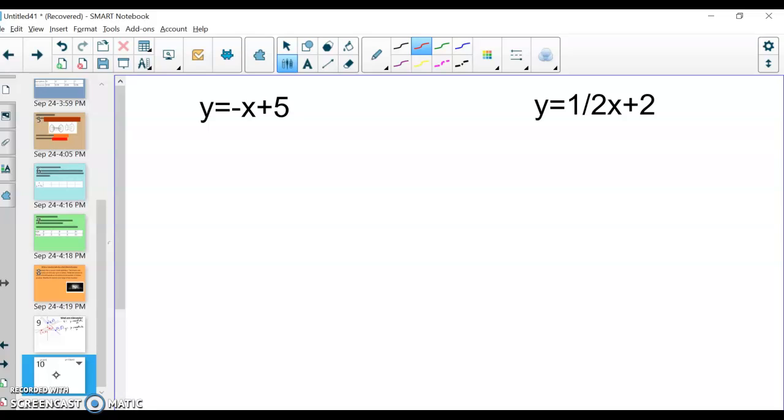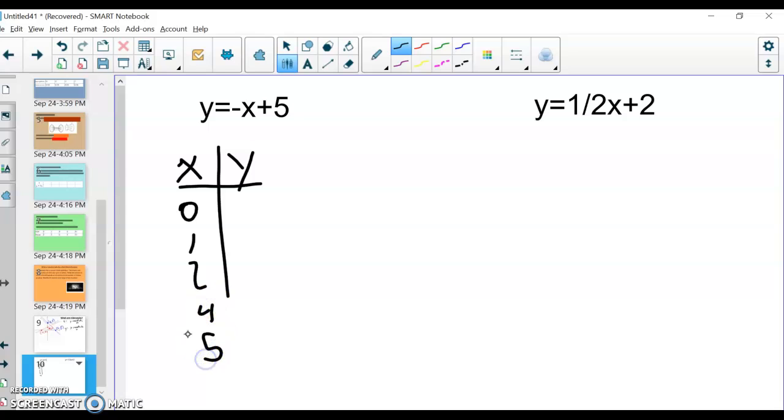Now you're probably asking, what does this have to do with what we were doing before, right? So here are the two functions of those lines that we just looked at. We have y equals negative x plus 5 and y equals 1/2 x plus 2. Now recently, over the last couple of lessons, you've been solving these functions with tables, right? And you would make a table with your x coordinates and your y coordinates, and you'd choose a bunch of different numbers and solve them out, okay?